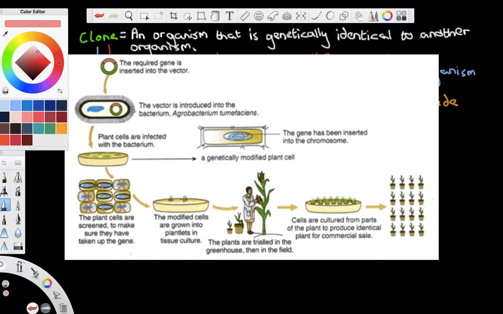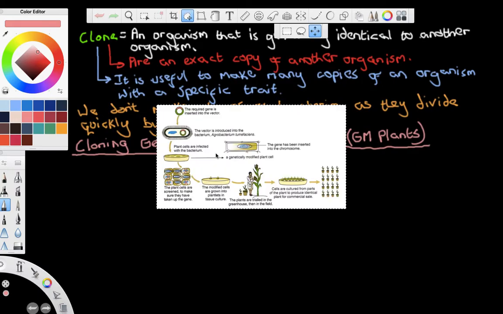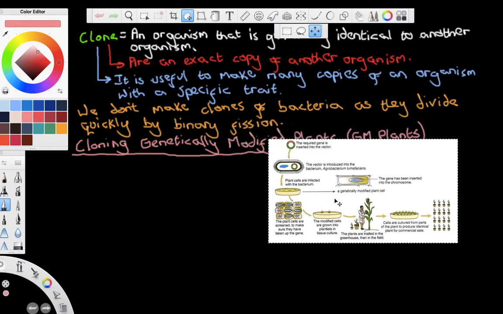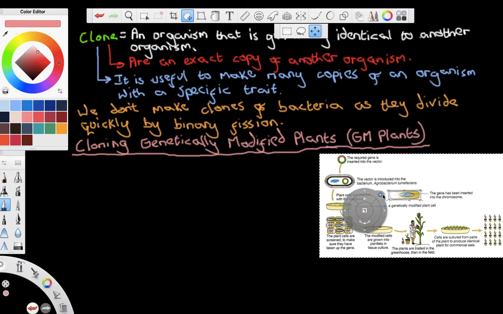If we find some plants that we think have taken on the characteristic, we control them in a greenhouse and in a field to make sure they're doing what we want them to do. And then we can take cells from the parts of the plant to produce lots of identical plants, which we can then sell. So, I'm going to leave it that big in the corner. It is on the PowerPoint should you need it and if you want to use it.